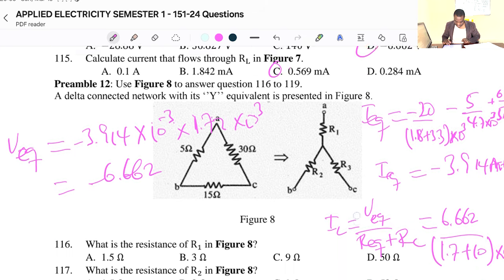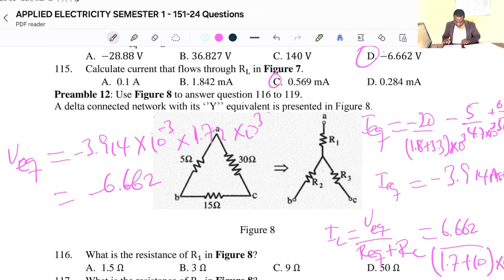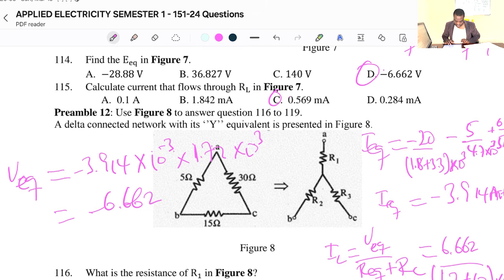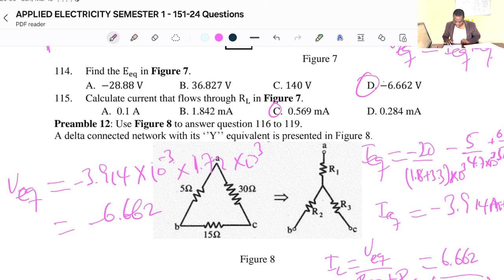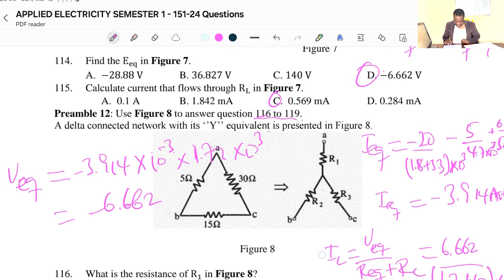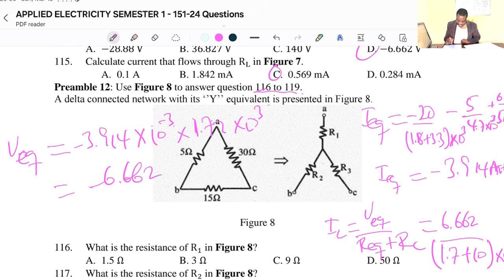We go to question 116. But we have preamble 12, right? Use figure 8 to answer questions 116 to 119. A delta connected with its Y equivalent is presented in figure 8. So we have this as our figure 8.